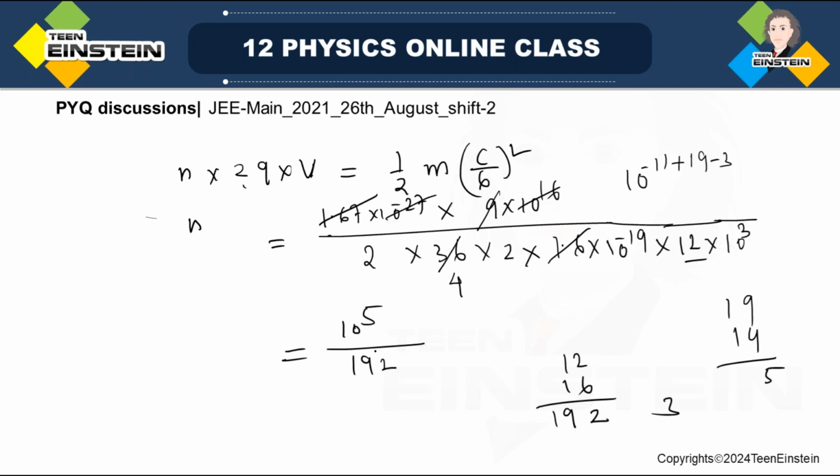Then you have to do this calculation and find out. It will give nearly 520 complete revolutions.